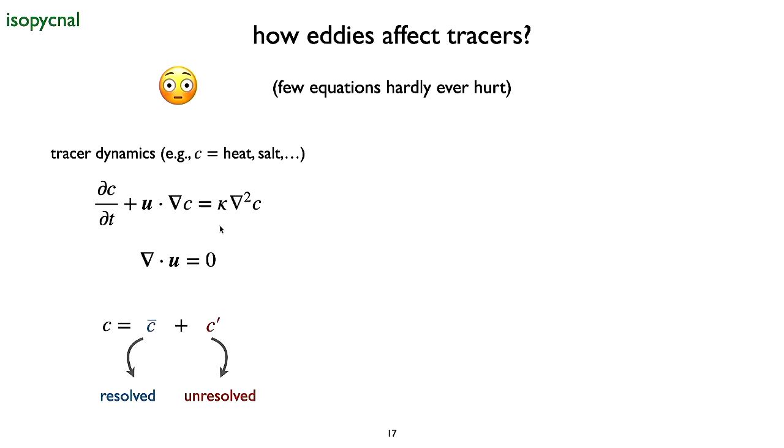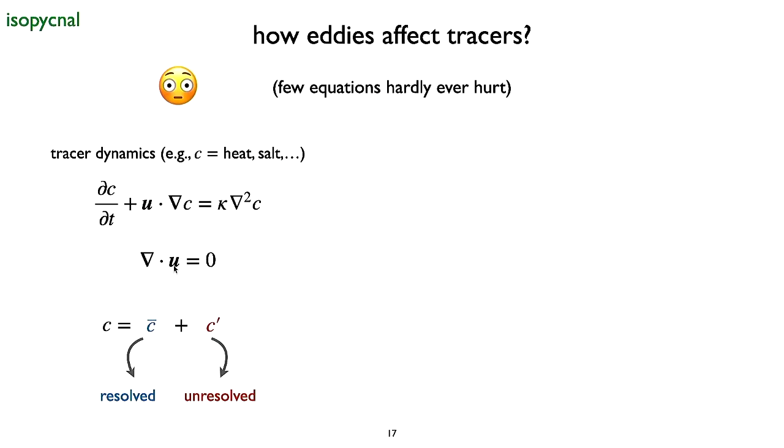Okay, but now let's imagine that we are in a model world, and we know that we cannot have a model with a grid spacing of 1 millimeter all around the globe. And I've shown you that there are some motions that occur at these meter scales or sub-meter scales. What we have is a model that resolves some things, and then the rest of these things are unresolved. The same for the flow, the same for all flow fields.